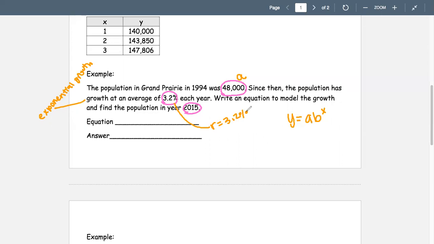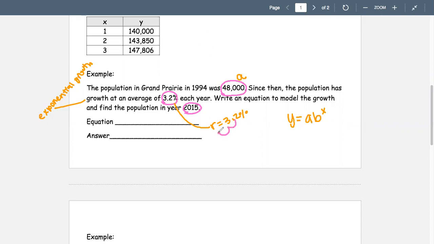Write an equation to model this growth. Okay, it gave me the R value, so this is not the B value. So if this is the R value, and I know this is exponential growth, how do I take my R value and find the B value? Perfect, 1 plus R, so add 1 to it. But I have to change this to a decimal. So 3.2%, what is that as a decimal?